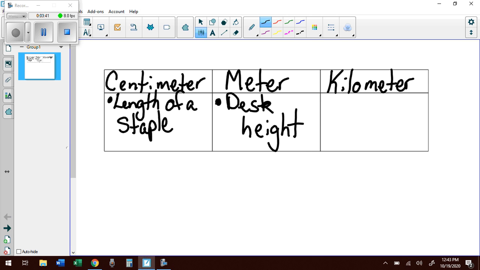Kilometers are the big ones. They're like our miles. So the length of a highway or the distance between towns or the distance from the school to the interstate.